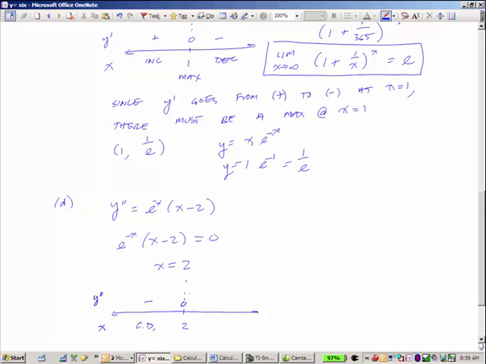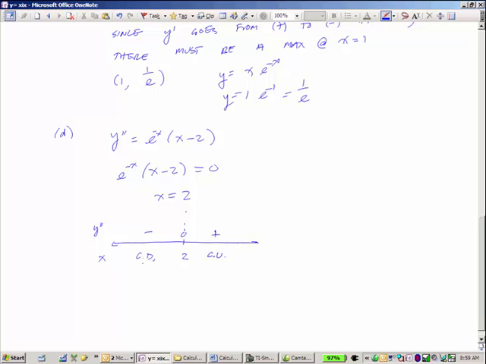Something bigger than 2? All right, e to the negative million. Positive, I don't care what it is. Actually, it's a tiny number, but it's positive. A million minus 2? Positive. Concave up. All right, so since there's a change in concavity, x equals 2 is a point of inflection.